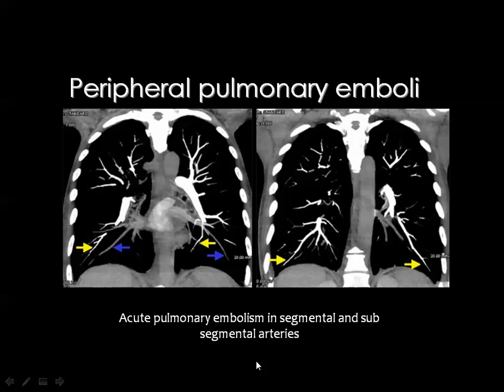Then if you have high resolution images, good contrast enhancement, and reformatted scans, you can appreciate the vessels containing emboli, which are less enhancing compared to the patent normal vessels pointed to by the yellow arrows.